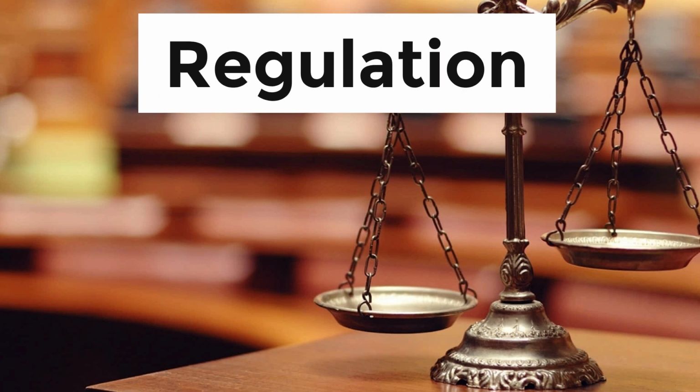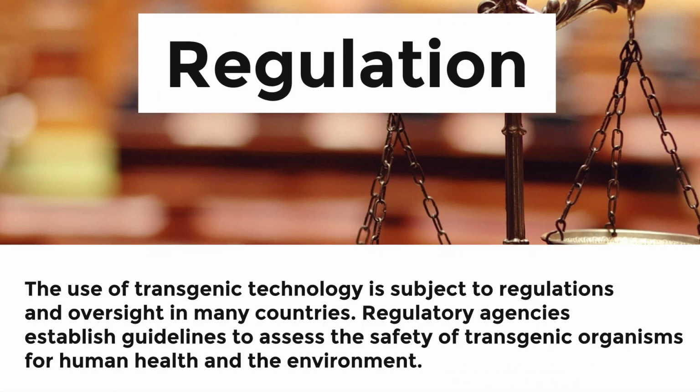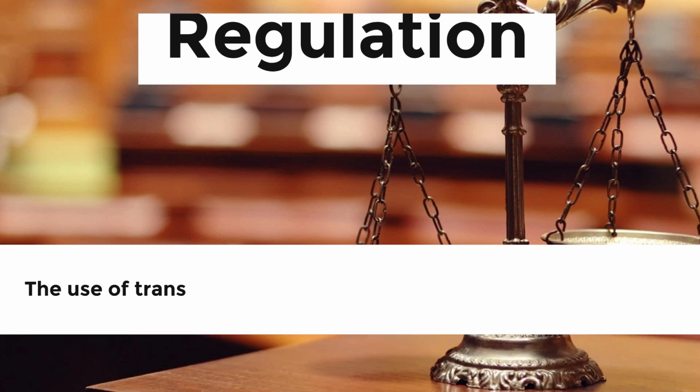In regulation, the use of transgenic technology is subject to regulations and oversight in many countries. Regulatory agencies establish guidelines to assess the safety of transgenic organisms for human health and the environment.